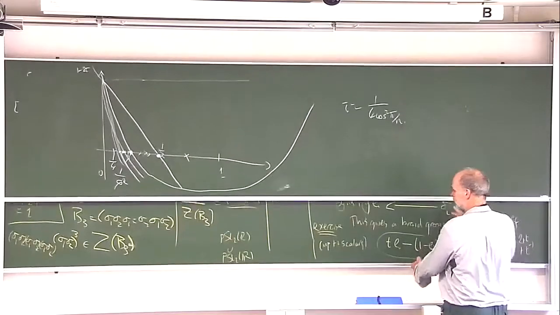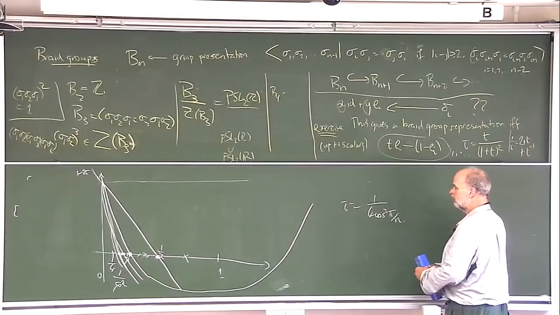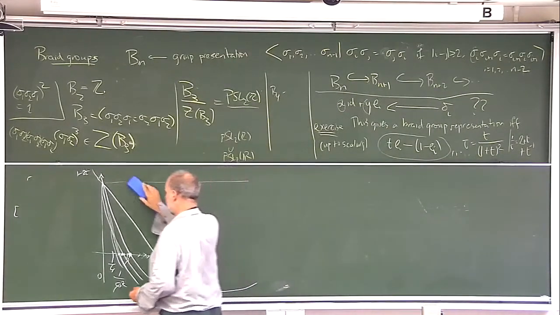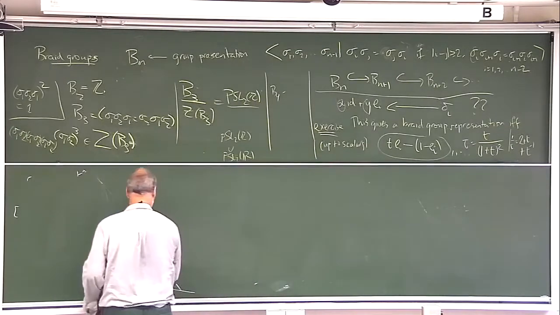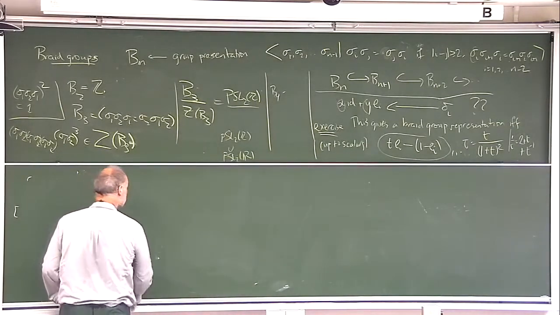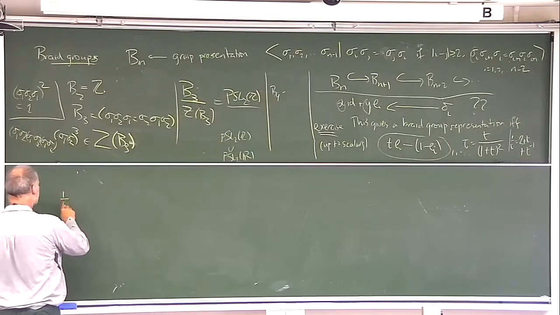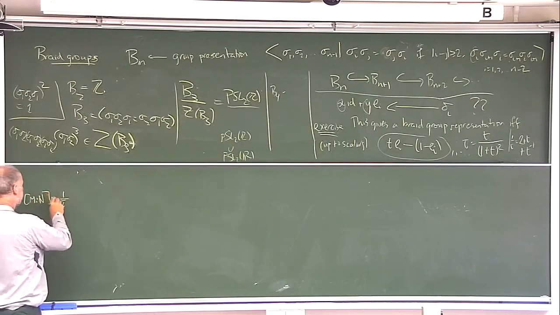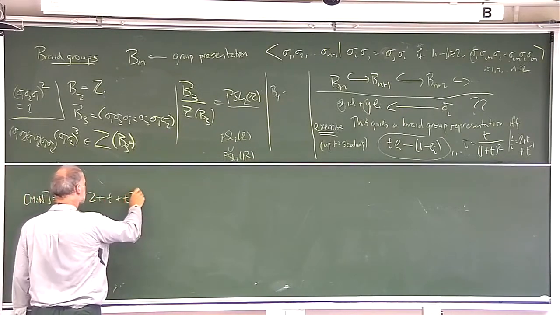Let's just do a little bit of numerology with 4 cos squared pi over n. So 1 over tau is the index, and this is 2 plus t plus the inverse.